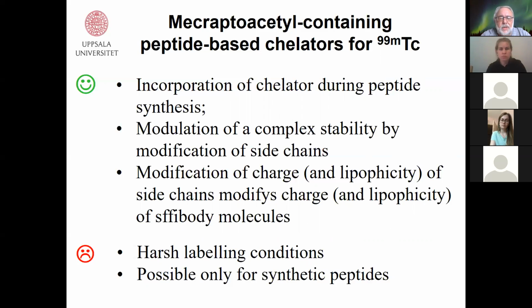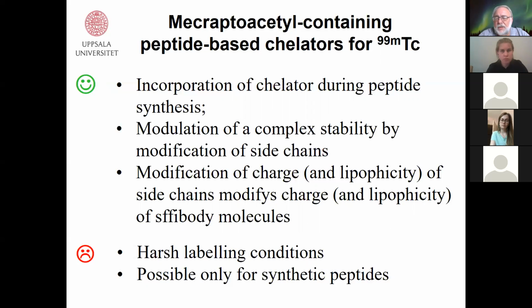You could modulate complex stability by selecting appropriate amino acids. You could modify charge and lipophilicity of the side chain, and in this way modify the physicochemical properties of the whole affinity molecule.